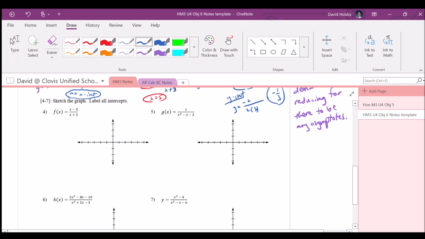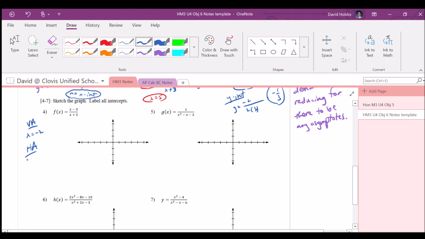So, sketching the graph, f of x equals x minus 3 over x plus 2. First off, does it reduce? No, we don't need to factor. Vertical asymptote, x equals negative 2. That's the 0 in the denominator. Horizontal asymptote, does the limit exist as x goes to infinity?